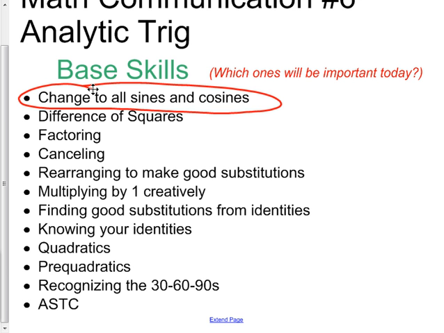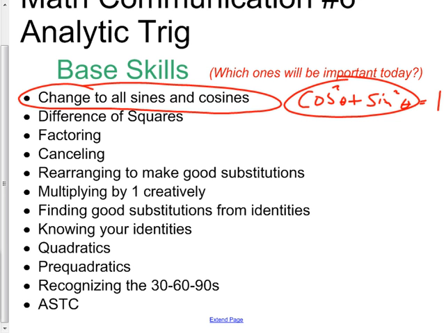You get how everything can change into a sine or a cosine? Even things like 1. The number 1 can be changed into sine and cosine, because you know that cosine squared theta plus sine squared theta equals 1. So if I have a 1, I can replace it with cosine squared plus sine squared. So even a 1 can turn into sines and cosines.